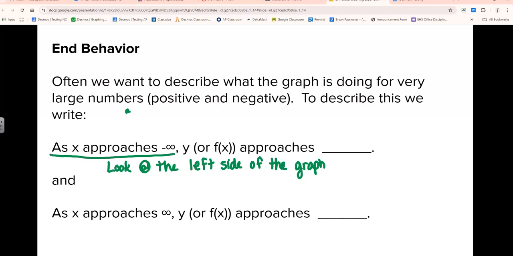Because if we're thinking about our x-axis, negative infinity is over there on the left side of the graph, right? Whenever we think about as x approaches positive infinity, that positive infinity tells us to look at the right side.